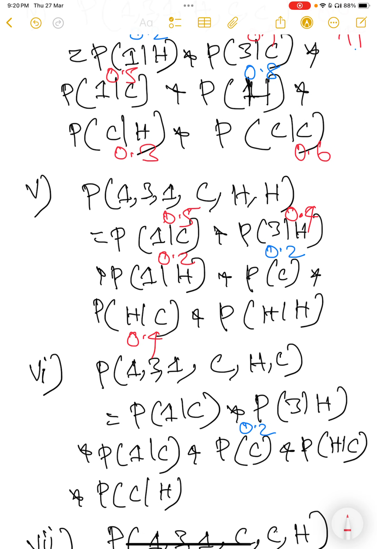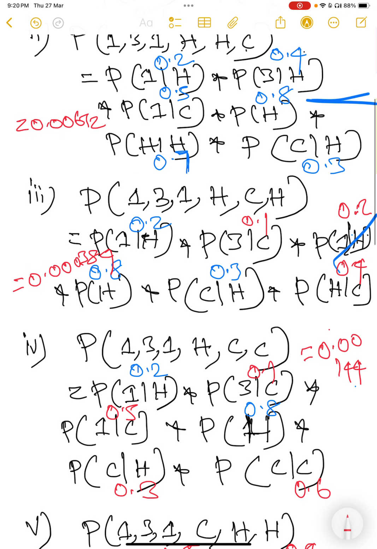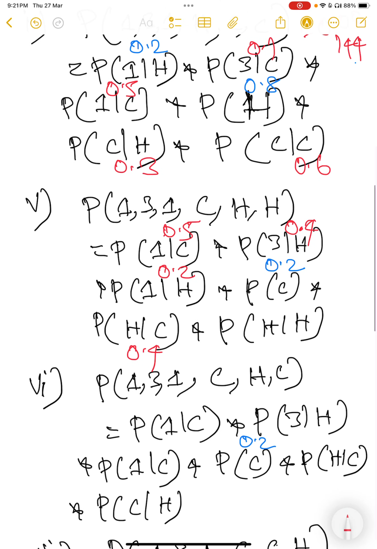And H given H we got is 0.7. So calculating this, 0.5 into 0.4 into 0.2 into 0.2 into 0.4 into 0.7 gives 0.00224. So we've got the values.